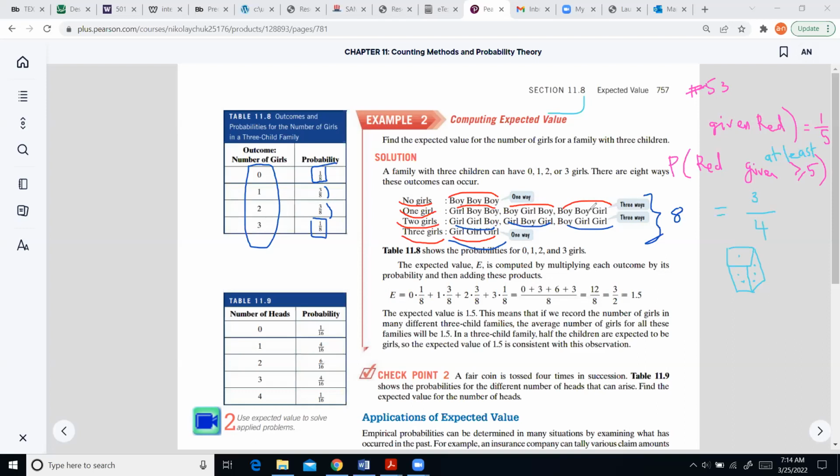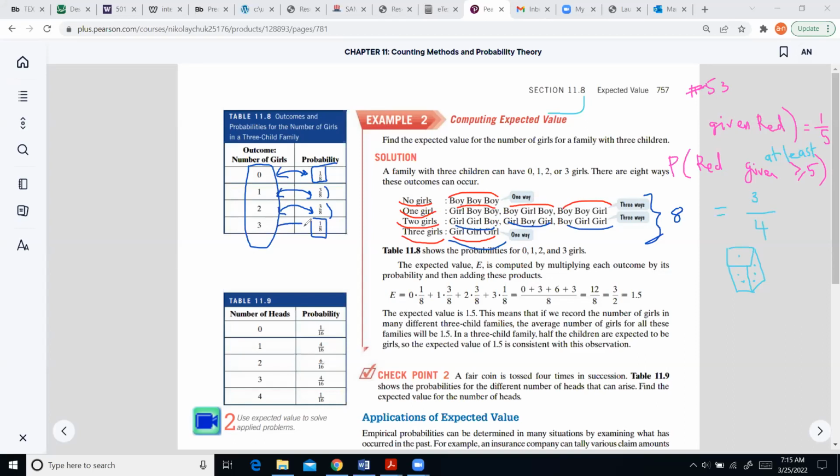How many girls do you expect when you have 3 children in the family? Well, you say, I expect to have half boys and half girls. That's what's expected, right? And you can actually see this calculated by multiplying those corresponding values, and this one, and so forth, and adding them all together.